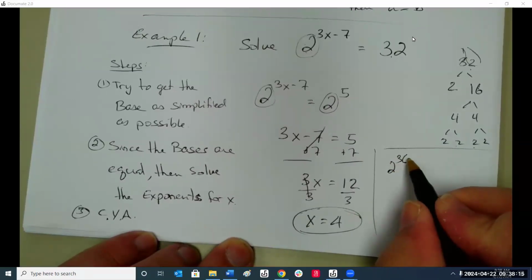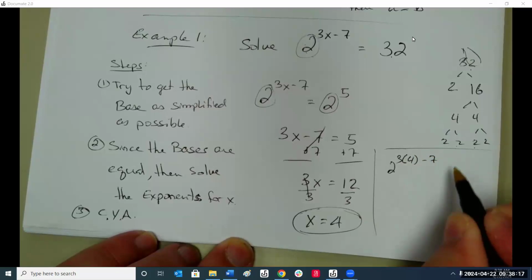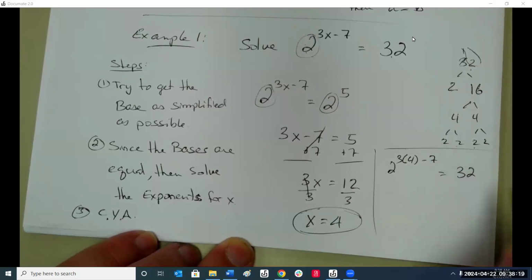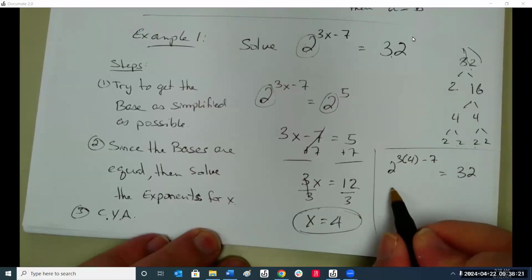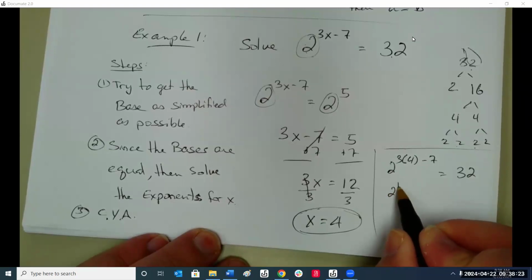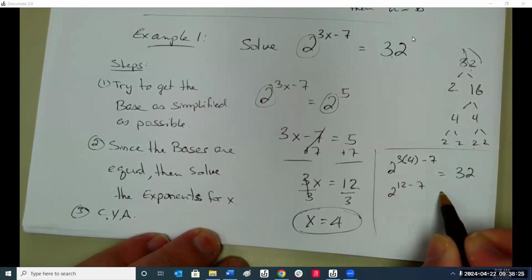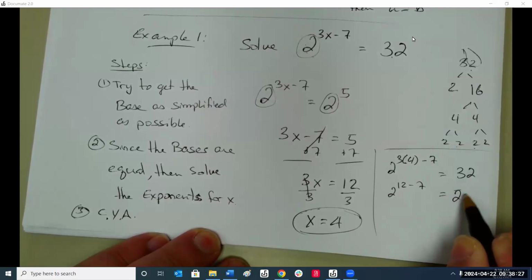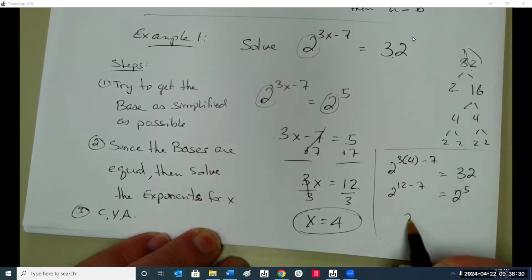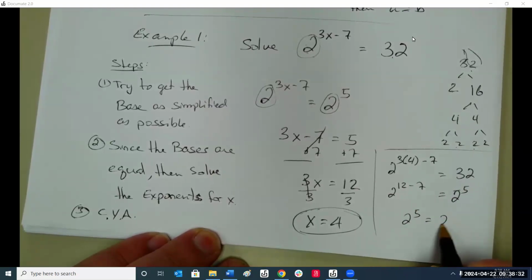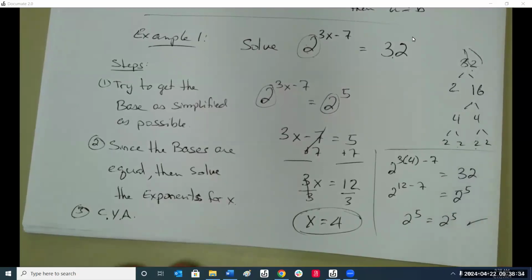Put 4 in place of x. And work it out. So it works.